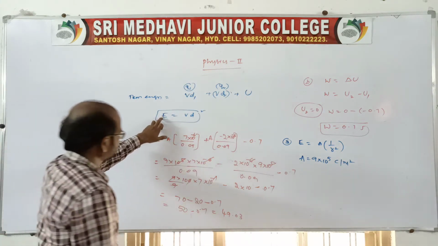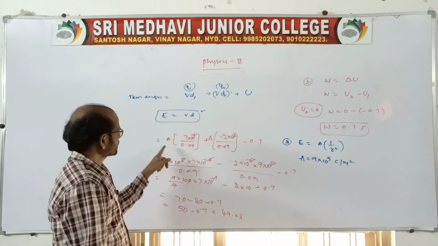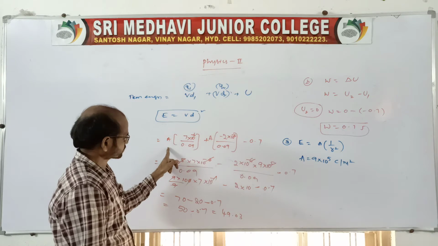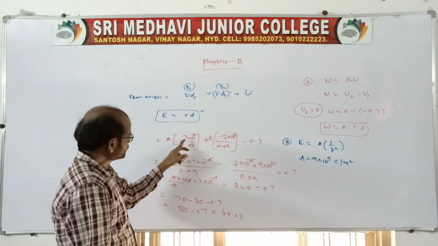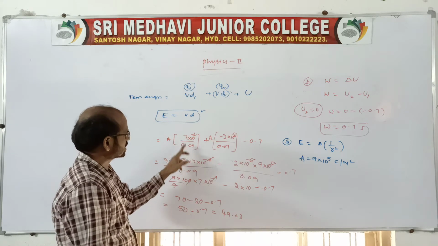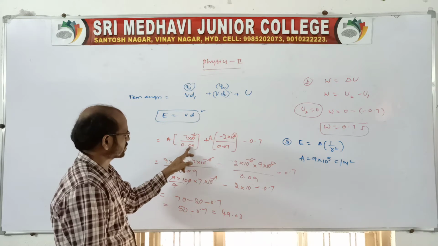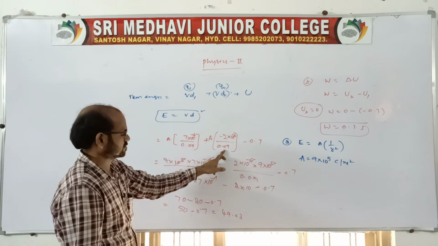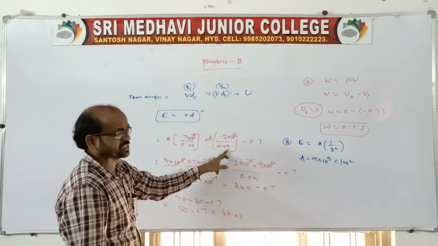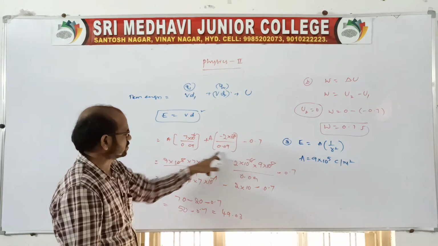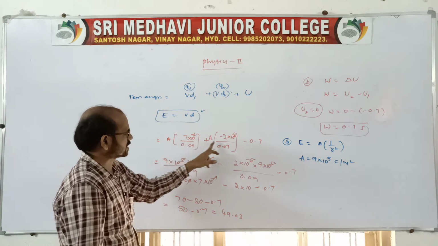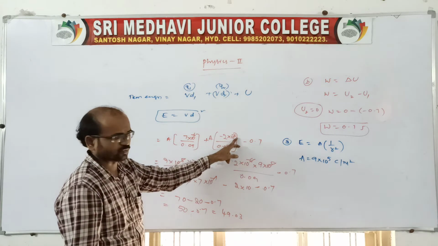Therefore E is equal to V into d. According to that, the formula is A into the charge by 0.09, plus A into the charge by the distance. The distance is 9 centimeters, which you convert into meters, and the charges are 7 microcoulombs, 10 power minus 6, and minus 2 into 10 power minus 6 coulombs.